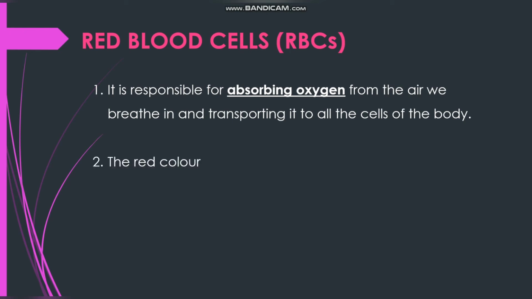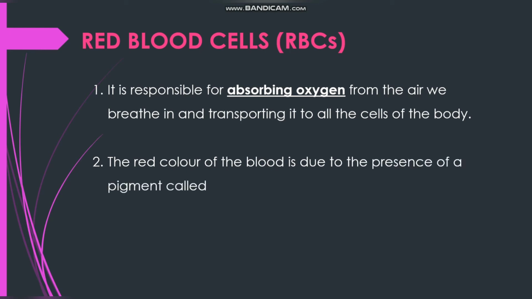The red color of the blood is due to the presence of a pigment called hemoglobin. There is a pigment in our blood, that is hemoglobin, and that's why red blood cells are red in color.